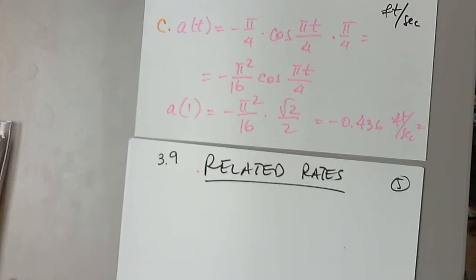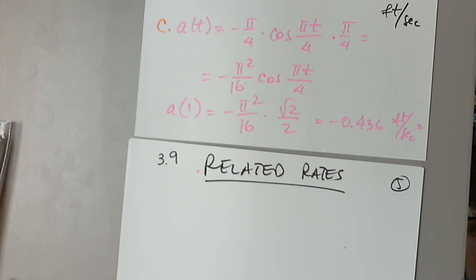The surface area increases. The surface area, the volume, and the radius are all functions of time, because we need time to pump air. So they all depend on time.